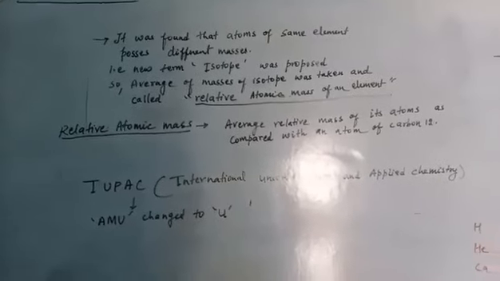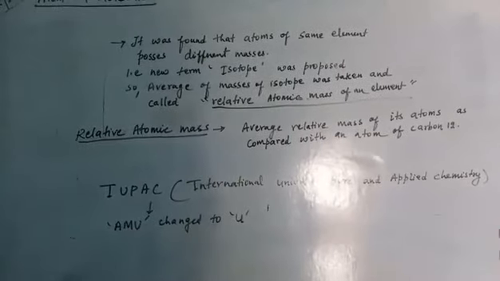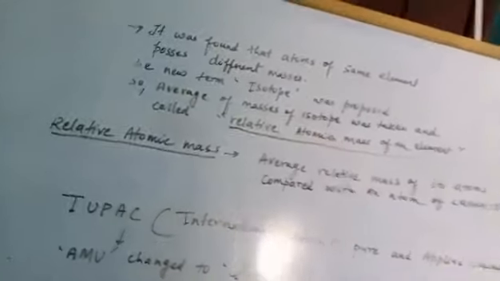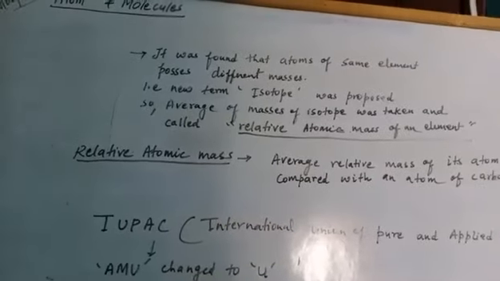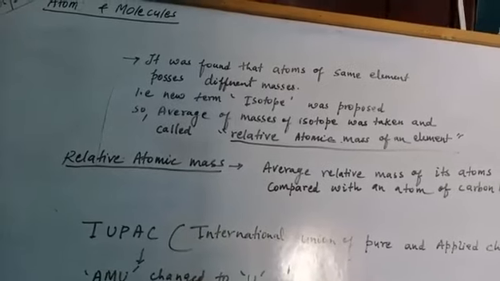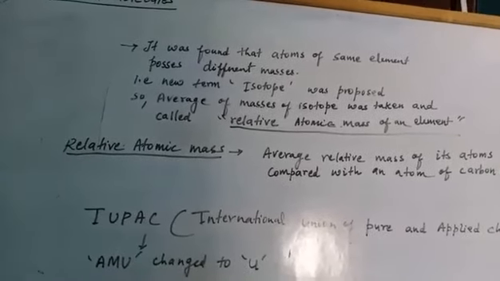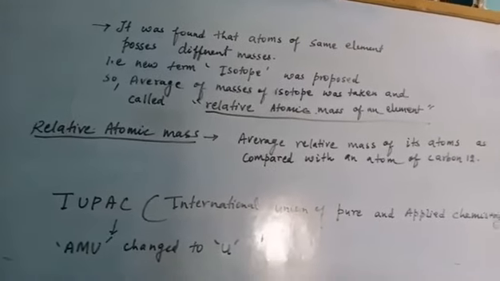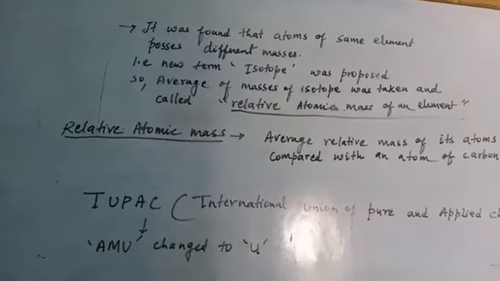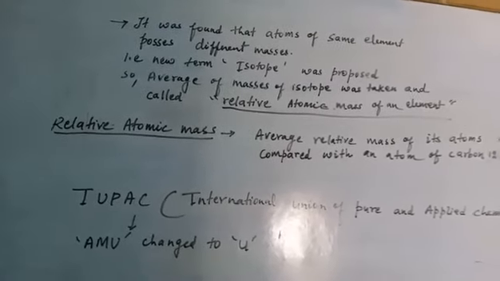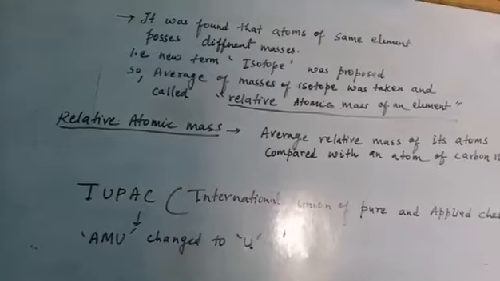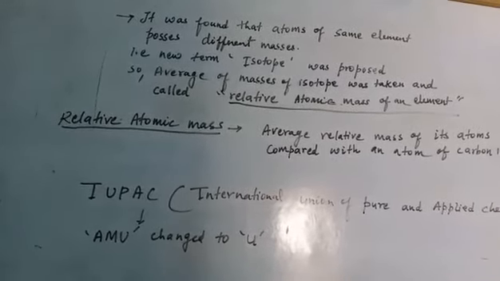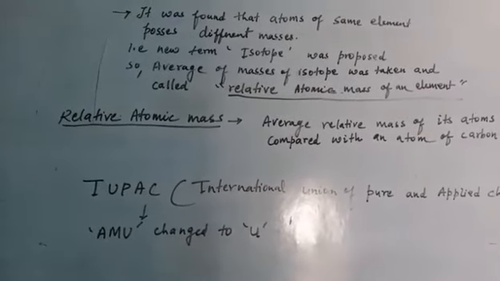We will see atomic mass of different elements, but before that I want to discuss one more term, that is isotopes. During the calculation of atomic mass, it was found that atoms of the same element possess different masses. If you are given a sample of chlorine, the sample contains millions of chlorine atoms, but all the atoms of chlorine do not possess the same atomic mass.